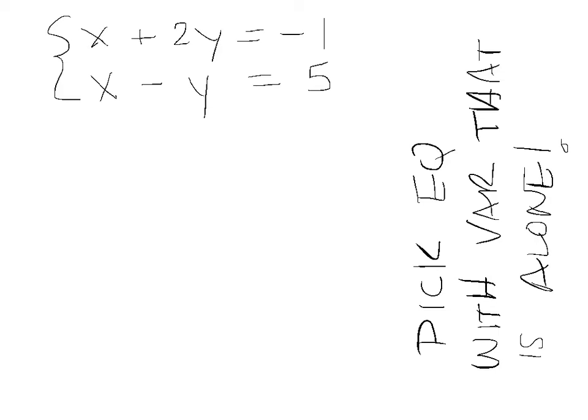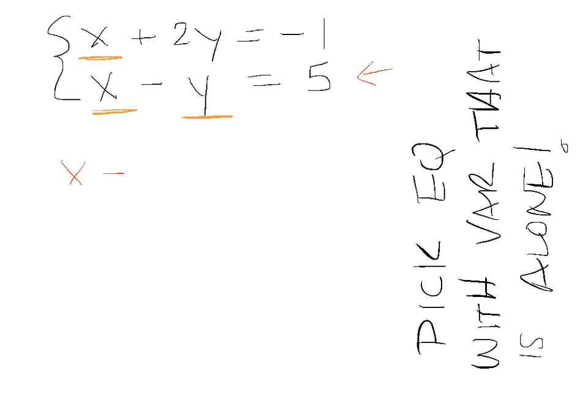If you look at this x and this y, there is no number sitting in front of it. The number is 1. That's what I mean by picking an equation with a variable that's alone, because these are easy to solve for. All you have to do is move something over. So I'm going to solve the bottom one for y.